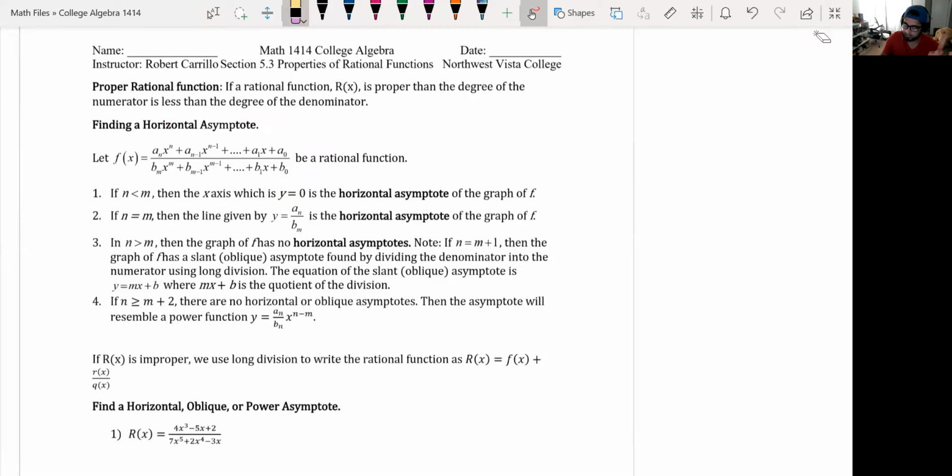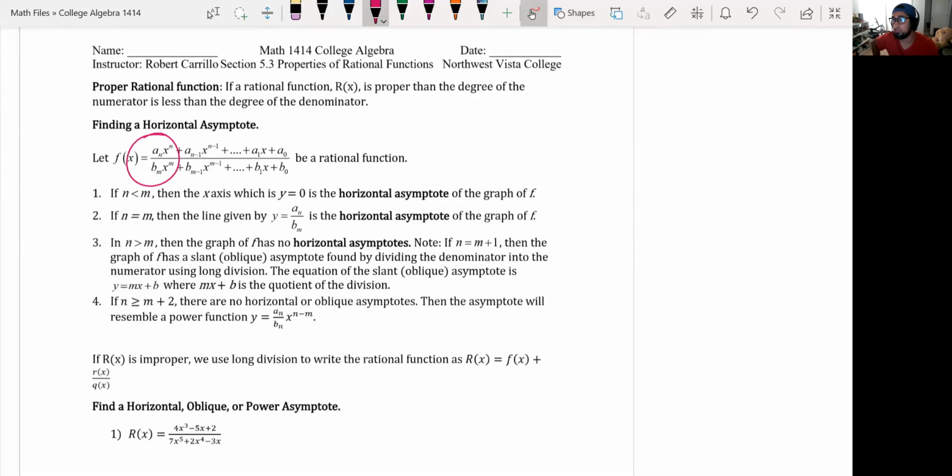All we actually want to look at is the leading terms and the powers to go with these 4 rules. Okay, rule number 1 of horizontal asymptotes. If the degree of the numerator n is less than the degree of the denominator m, then the x-axis, which is the horizontal line y equals 0, is your horizontal asymptote for the graph.